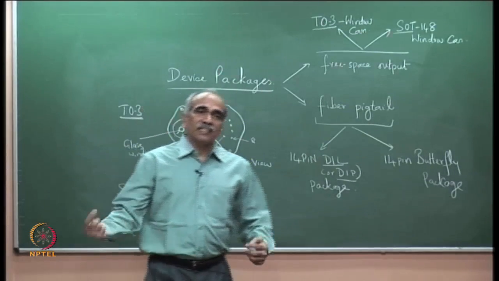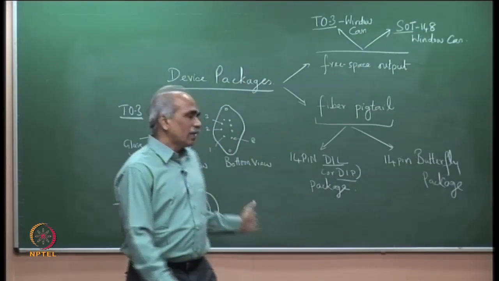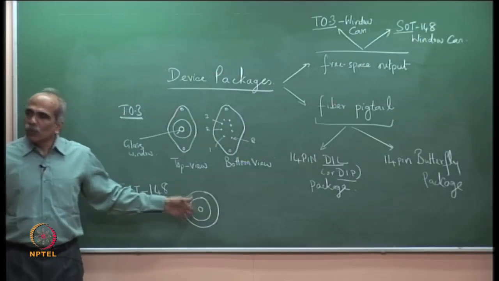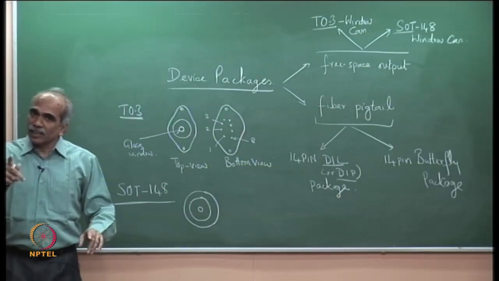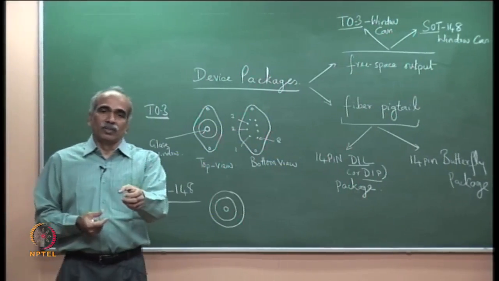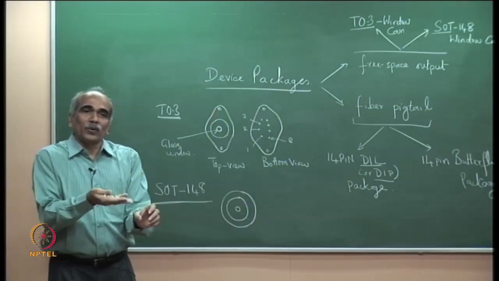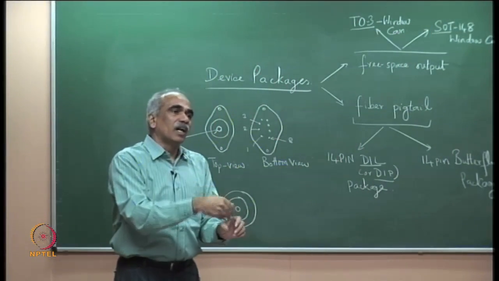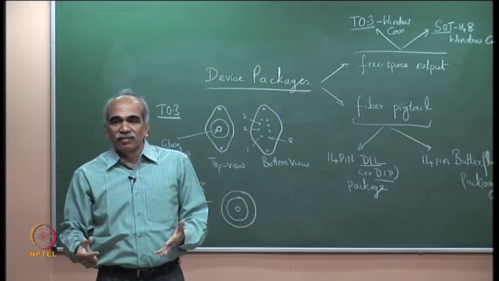If we place transistors, diodes, and optoelectronic components like laser diodes, there is no difference except that there will always be a glass window on top, because light has to come out from a source, and for a photodetector light has to be incident. Otherwise, they look like just the can of a transistor, that familiar device.